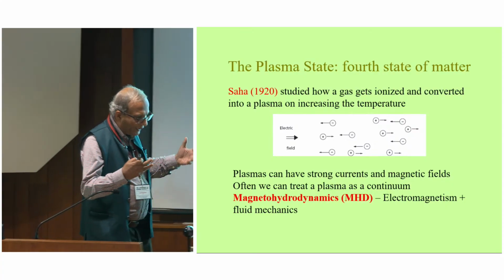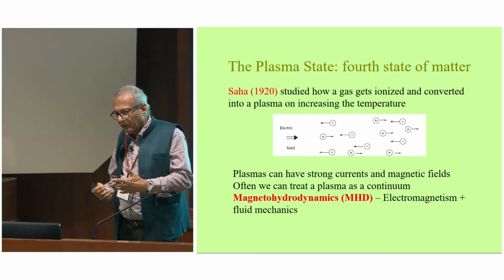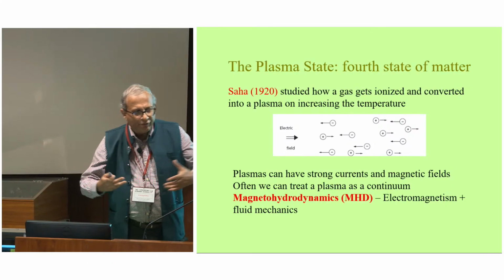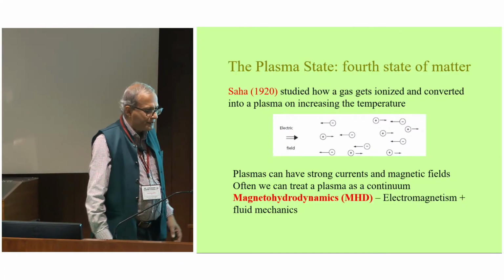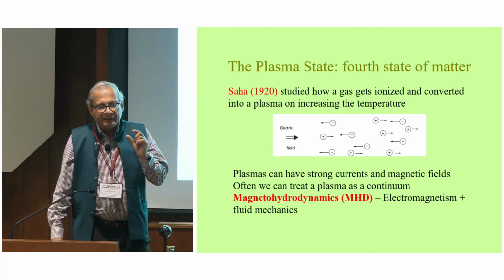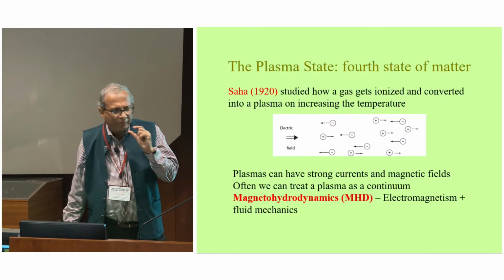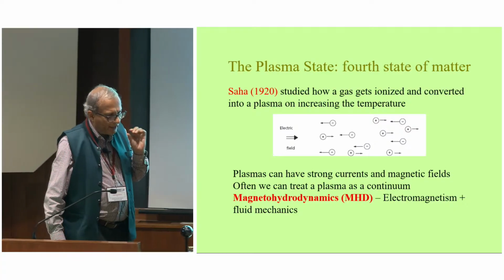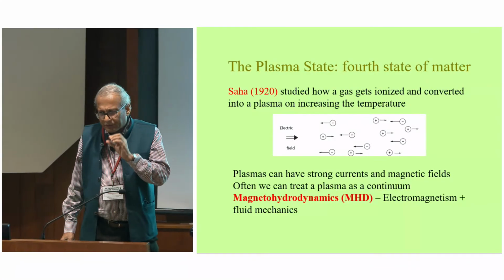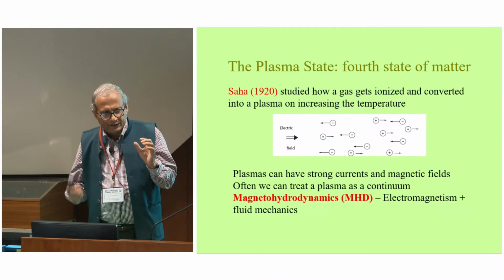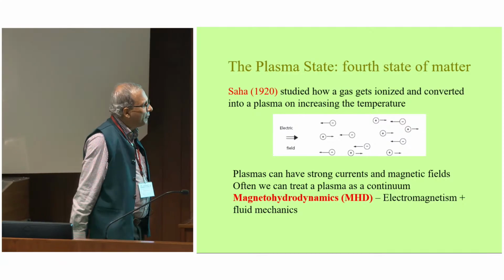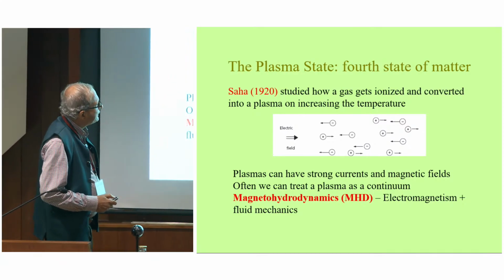And because of electrical attraction between ions and electrons, they remain very well mixed inside a plasma. So if you consider a small volume element of plasma, but sufficiently large to have enough particles, you would find that it is nearly charge neutral. There will be equal amounts of positive and negative charges.